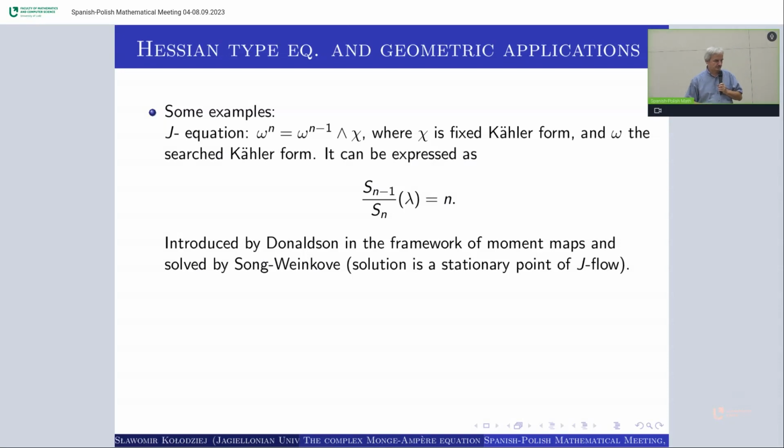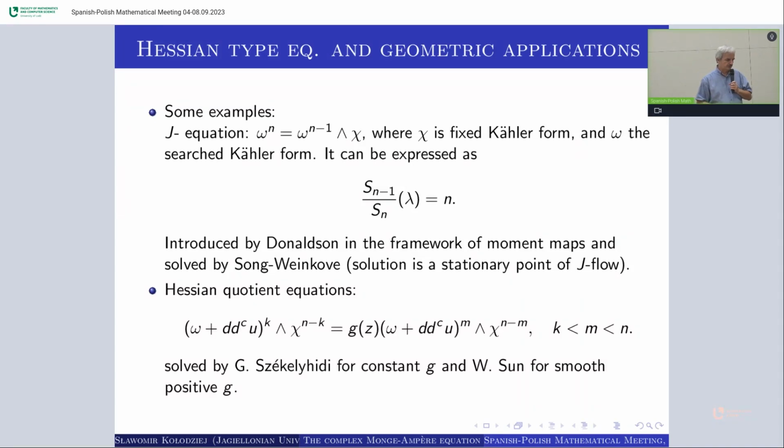This equation was introduced by Donaldson in the framework of some moment maps of the Lie algebra of diffeomorphisms of a symplectic manifold. There is a corresponding parabolic equation or flow, the J-flow. And by this parabolic method, Song-Weinkove solved this J-equation first for smooth data.